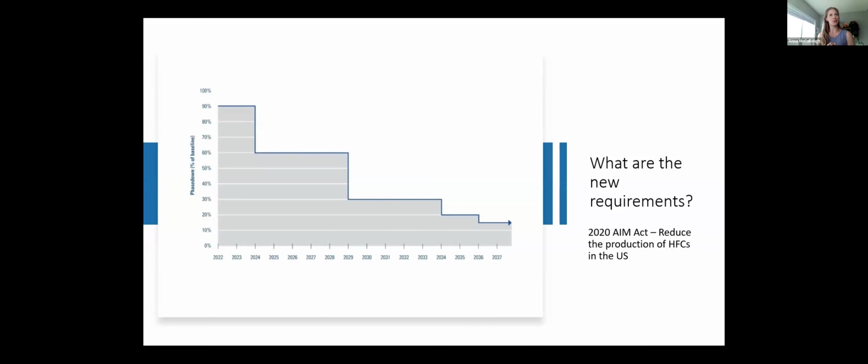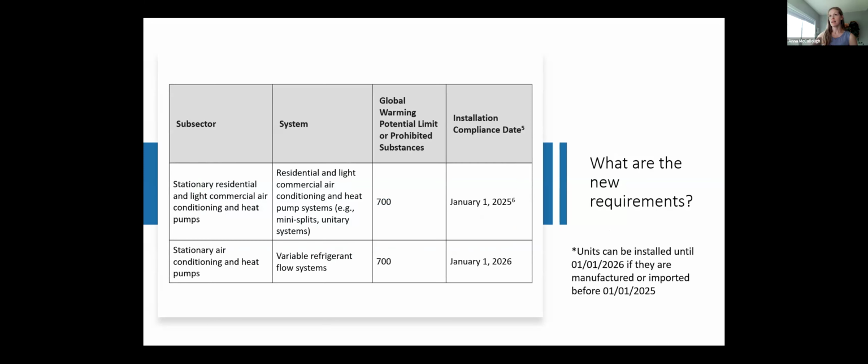HFC stands for hydrofluorocarbons, and I will only say that word once while I'm being recorded. The requirement here is that the refrigerants currently in use have a higher global warming potential than what is currently allowed by the AIM Act. So the goal is to shift the industry to refrigerants with lower global warming potential, and as a part of that, this will reduce the production of these HFCs as we shift the industry.